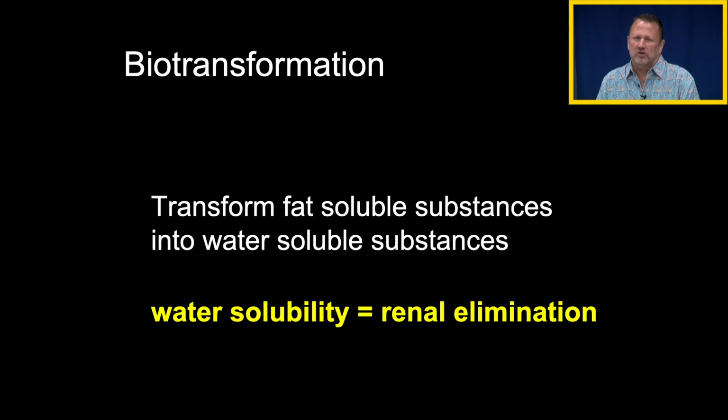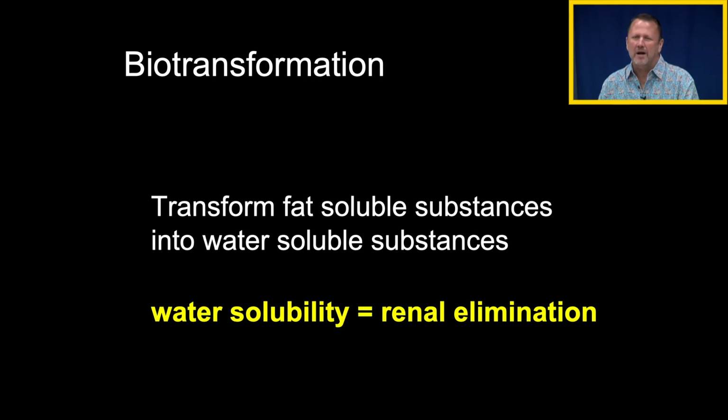And the basic strategy is this. We like to say the liver does this, but all of the cells participate in biotransformation. And you'll notice that the strategy involved is to turn fat-soluble substances into water-soluble substances by attaching little polar groups, attaching oxygens, or even bigger molecules.